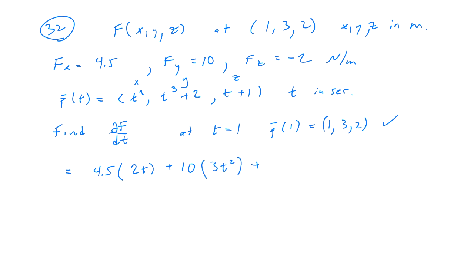And then the derivative with respect to t, z. And then at t equals 1, I get something 9 plus 30 minus 2, so 37.